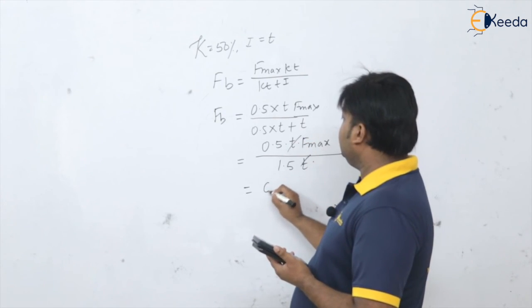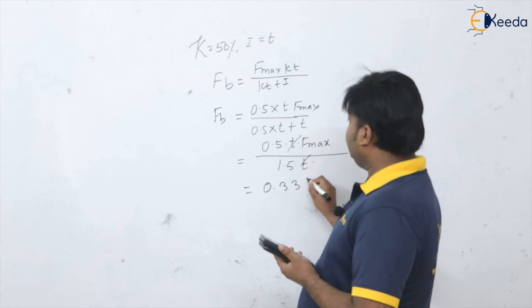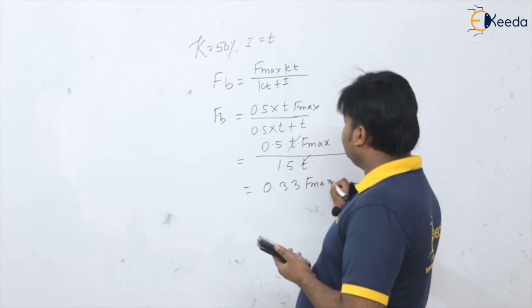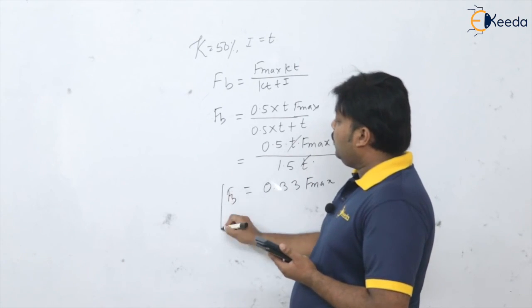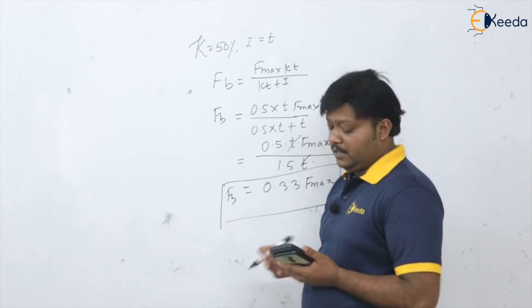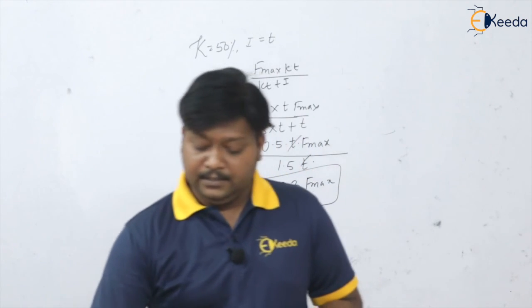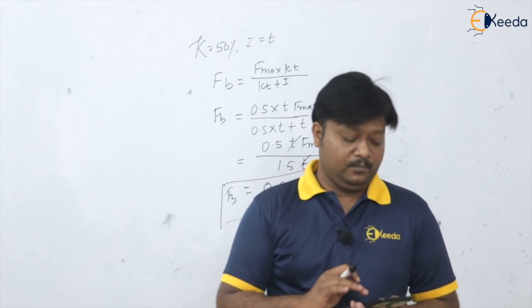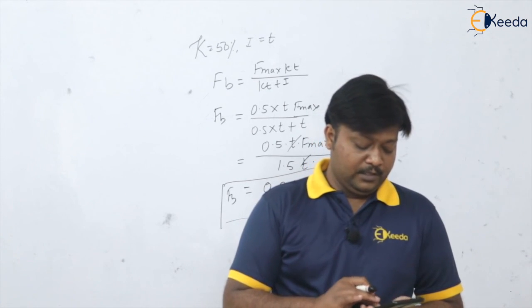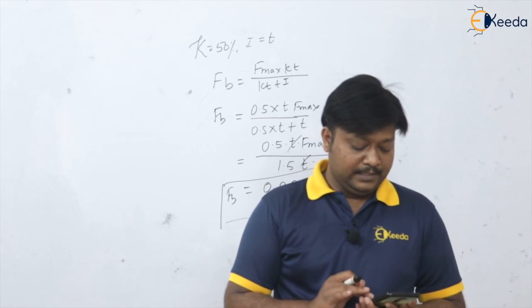T gets cancelled, it is 0.33 times F max. So how much load is getting reduced? Around 67% load is getting reduced, isn't it? So that is clear to you.